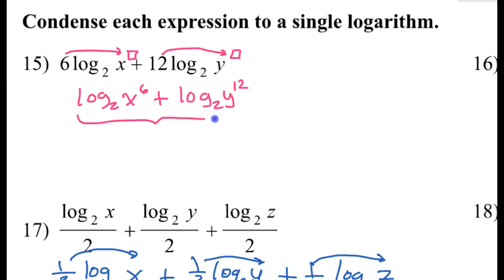Now, as I mentioned a moment ago, the sum of two logs will condense down to a single log with a product. So this is going to be the log base 2 of x to the 6th power, y to the 12th power.